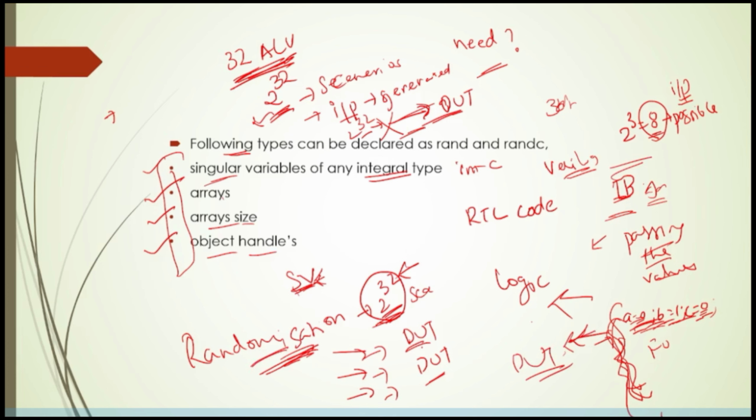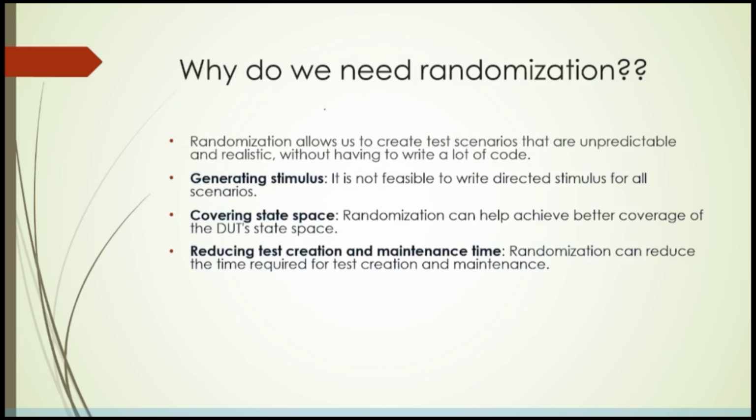In SystemVerilog, with the help of OOPS concepts and randomization, you can do this. The system will be doing this without manual interference in passing all the values. Okay, so this is about the randomization. This is the need of randomization.